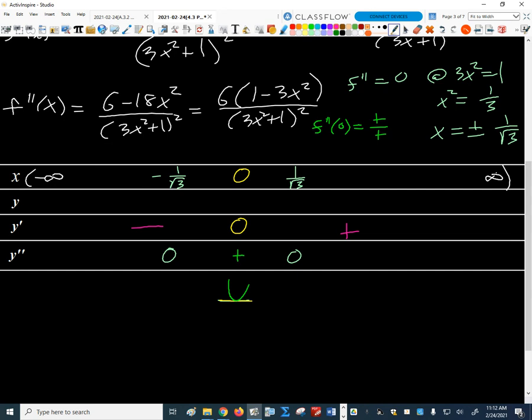Would you use the first derivative test and see if the signs align? I mean, we could revert. Well, we can't revert to the first derivative test. I mean, we might be able to, but it's a lot of extra work. If we're just trying to find out if we have points of inflection, we need to be working in the second derivative row to see if those zeros are places where the sign of the second derivative changes.